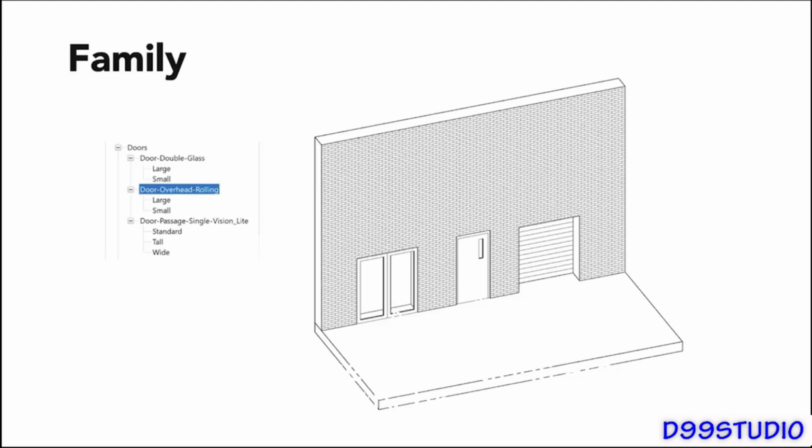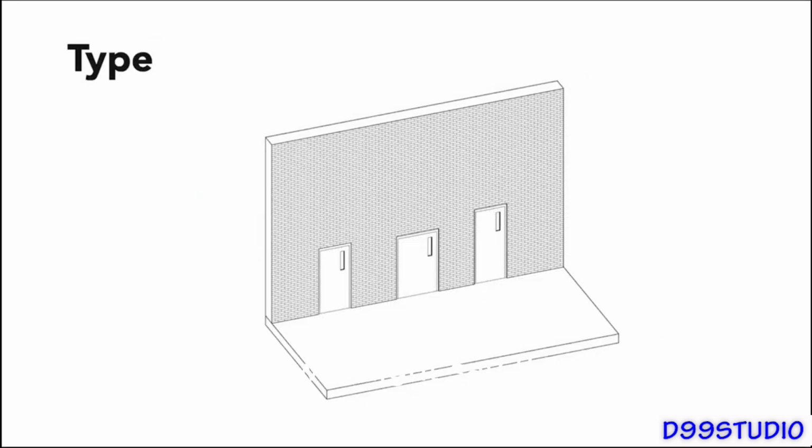But even those distinctions are still pretty broad. In other words, even though we might say that we have a single swinging door with a vision panel in it, there might be several variations possible within that door itself. Those variations can be saved and named as something called a type. So a type is quite simply a saved and named variation of a family.